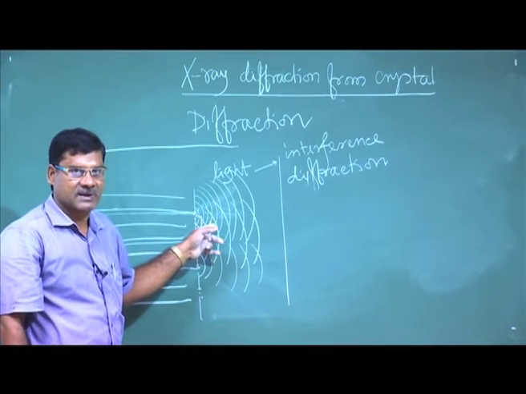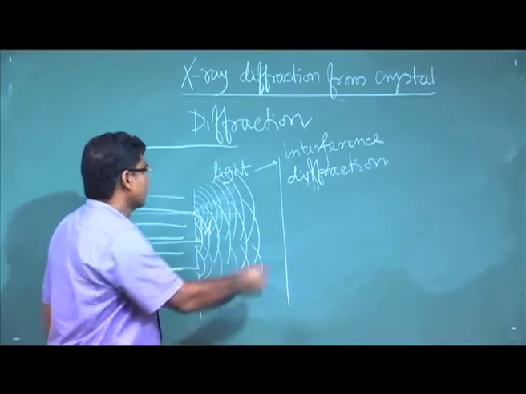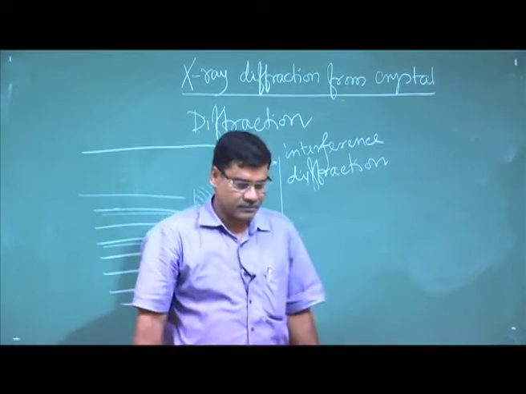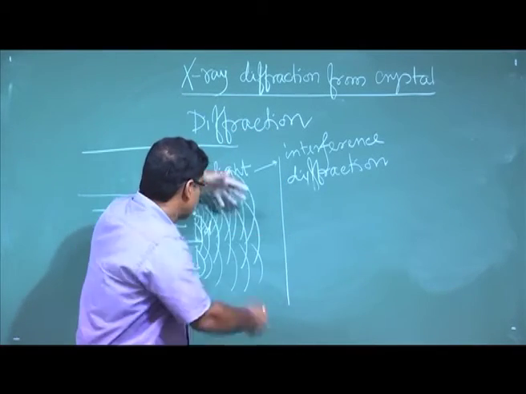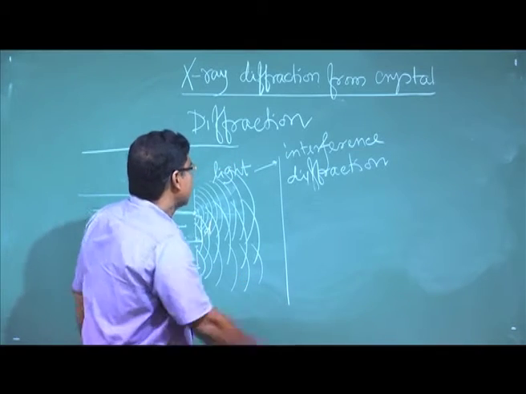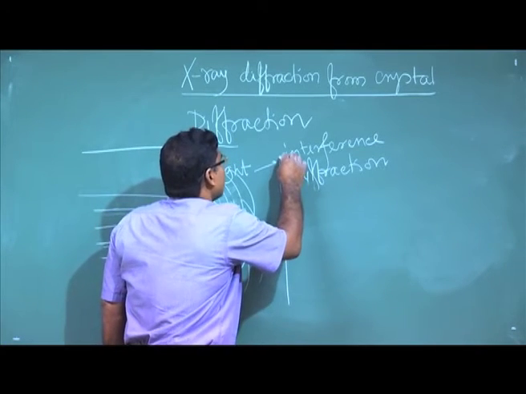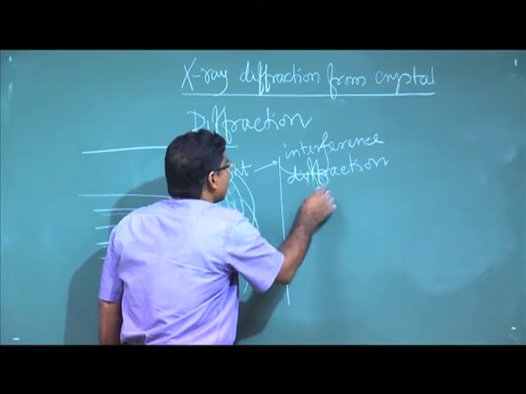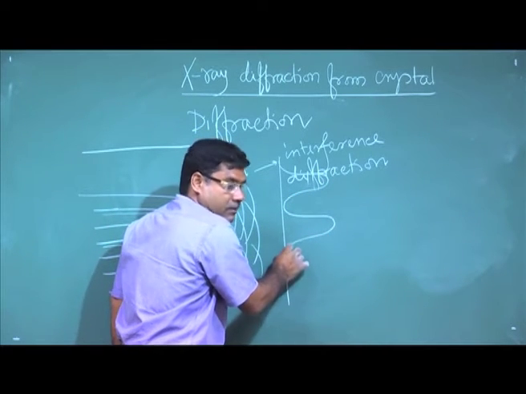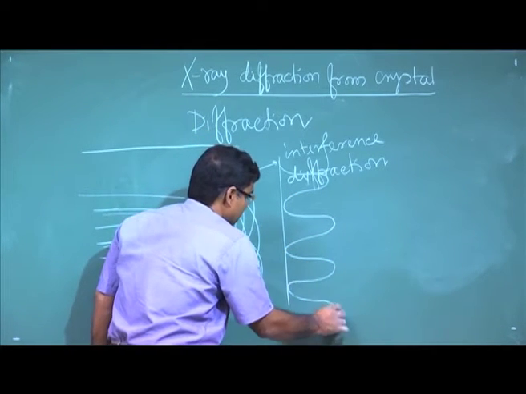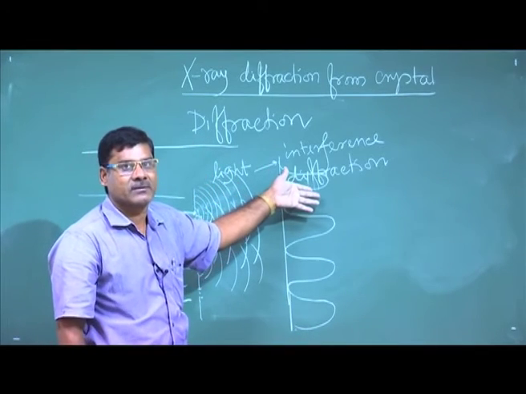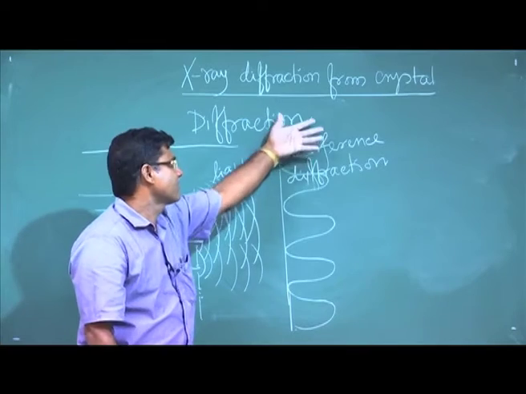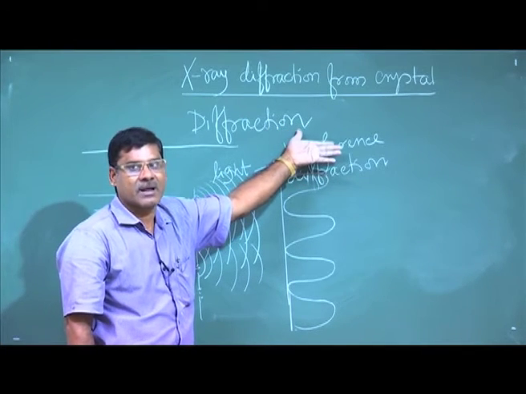Here we get interference among these secondary waves, and in the case of gratings we get an interference pattern, as I drew earlier.